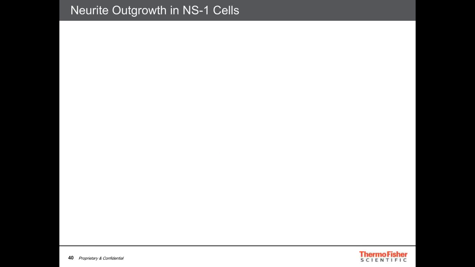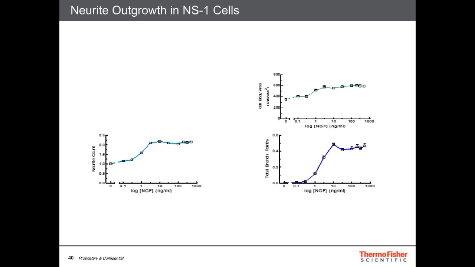So anything greater than 10 nanograms, we see a significant increase in the maximal neurite outgrowth length. Just to be safe, we chose a saturating concentration of 100 nanograms per milliliter. And that way, we repeatedly were able to show nice, robust neurite outgrowth in the PC12 cells.